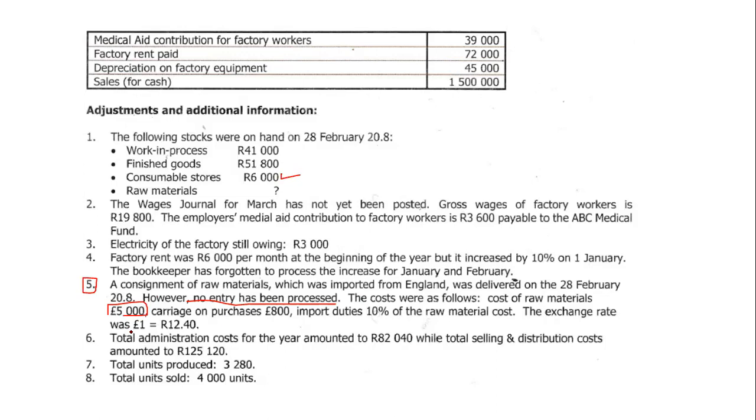And they also gave us import duties. They said import duties is 10% of raw material cost. The exchange rate on the day was £1 equals 12 Rand 40. How do we calculate the cost price of raw materials?